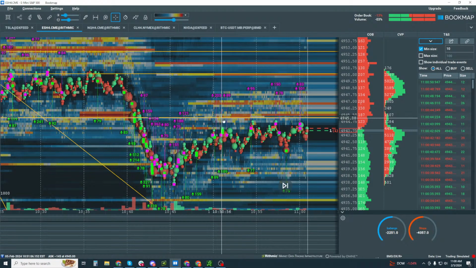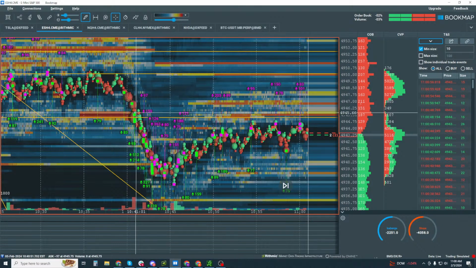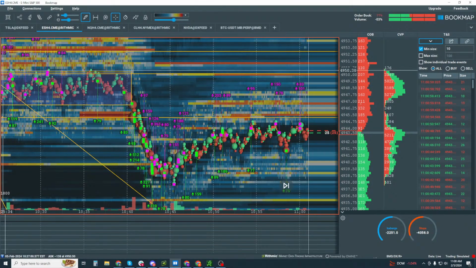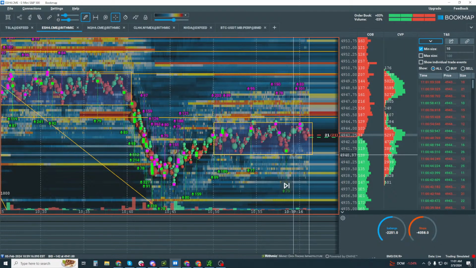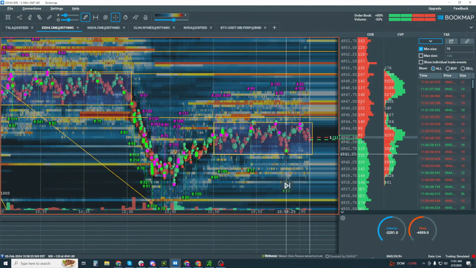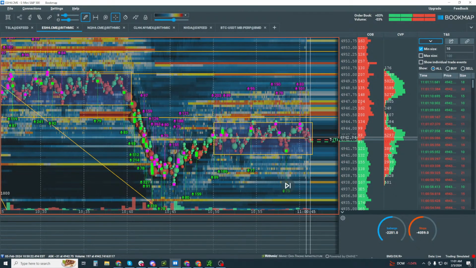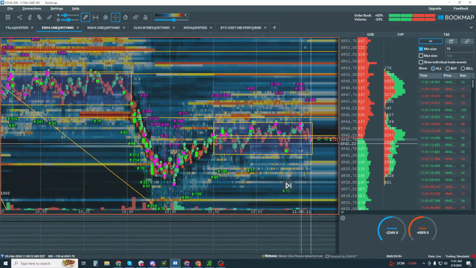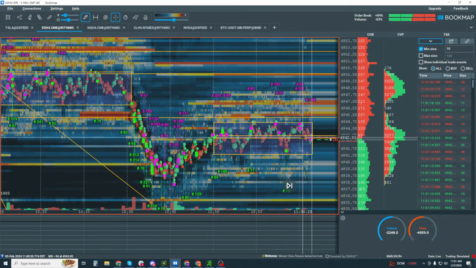In your auction market theory, you've got your range, and at the bottom of the range, this is oversold. So you'd want to bring it back into value, and you can see the value area right here. The responsive sellers will be up here, selling back into value.